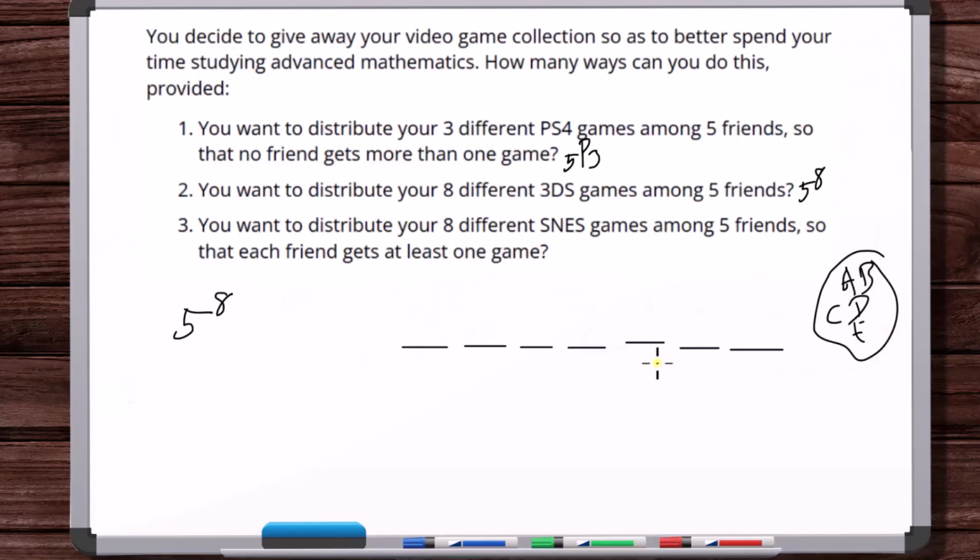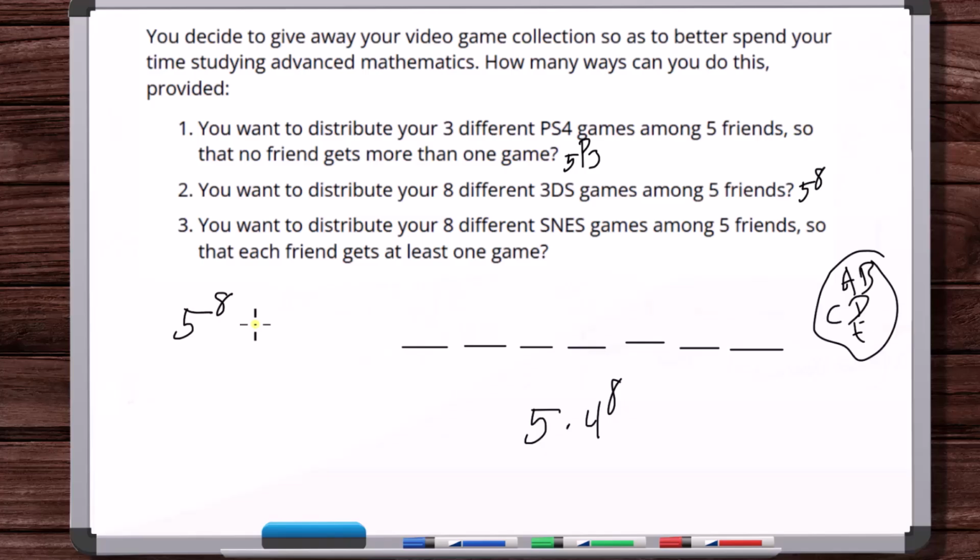Okay, but it's 4 to the 8th outcomes that don't include E, where E didn't get a game. But there's the other case where C didn't get a game, and you have another 4 to the 8th outcomes. So it's 5 times 4 to the 8th. Is that all the cases where you have at least one friend that didn't get a game?